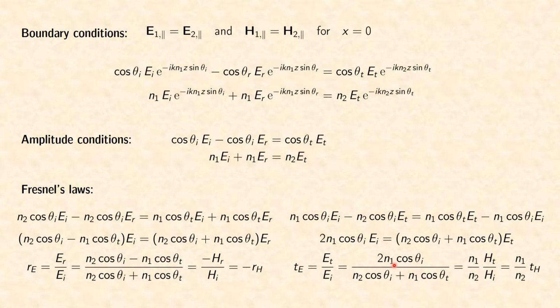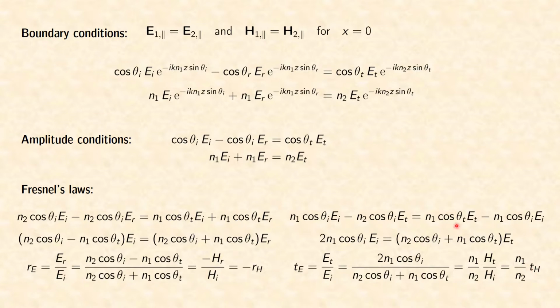Both expressions for reflection and transmission are almost the same. The only difference is that N2 and N1 is exchanged, and here it is also exchanged. However, N1 in the numerator of this fraction is the same as for the TE wave, but it is exchanged again when you use the amplitudes of the magnetic field. So this again is the same as for the TE wave.